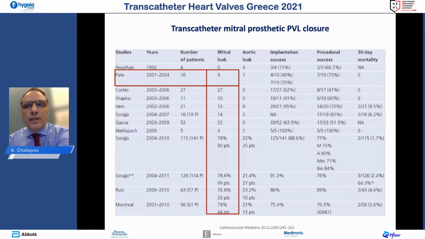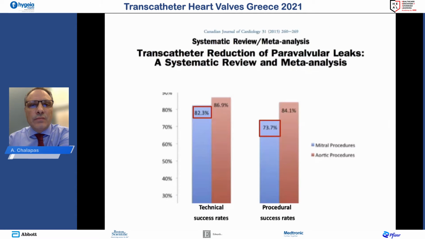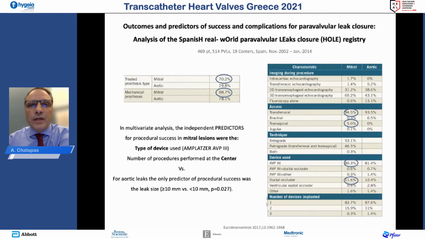In the literature, the first case reported for the closure of a defect in mitral position was in 2003, 20 years ago. Since then, we have small series regarding defects in the mitral position. And we can see from this meta-analysis that in general the technical and procedural success is very high, more than 80%, but it is less compared to aortic.